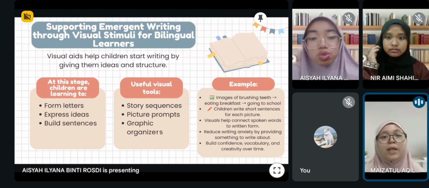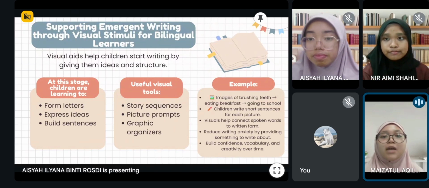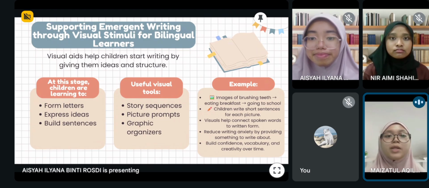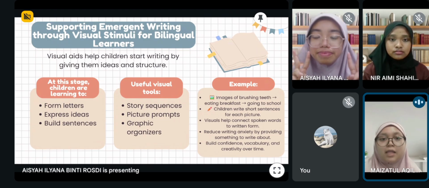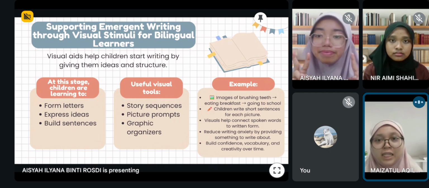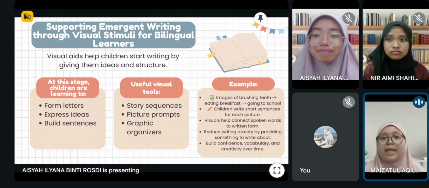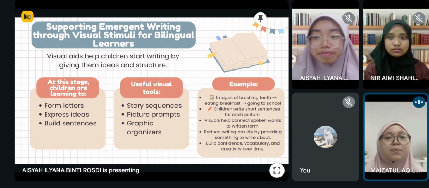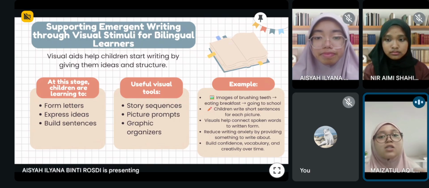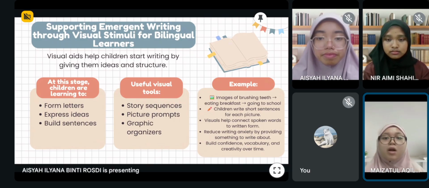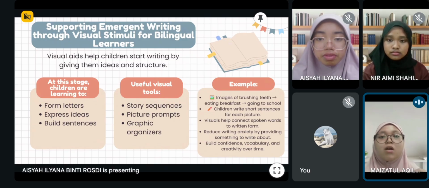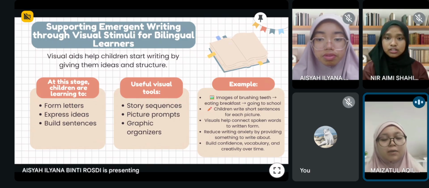Visual aids also play a significant role in developing early writing skills among bilingual and multilingual preschoolers. At this stage, many children are still learning to form letters, express ideas, and structure sentences. Visuals, such as story sequences, picture prompts, and graphic organizers, provide concrete references that help children generate content and structure their writing.